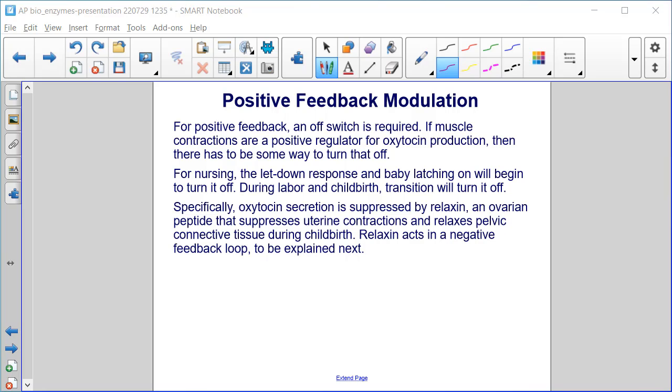During labor and childbirth, transition will turn it off. Specifically, oxytocin secretion is suppressed by relaxin, an ovarian peptide that suppresses uterine contractions and relaxes pelvic connective tissue during childbirth. Relaxin acts in a negative feedback loop, to be explained next.